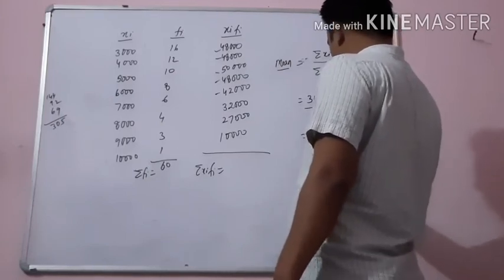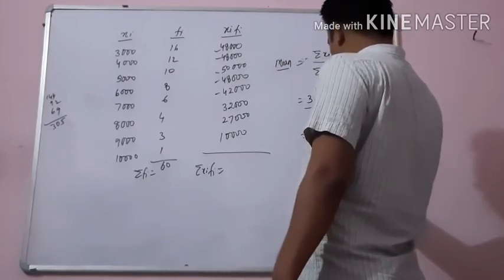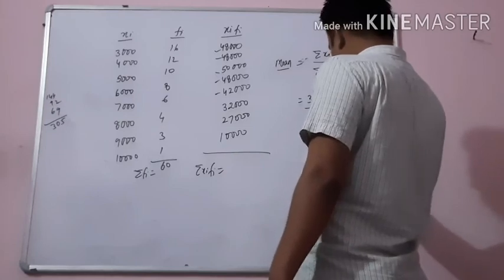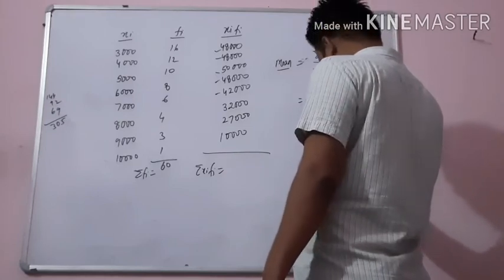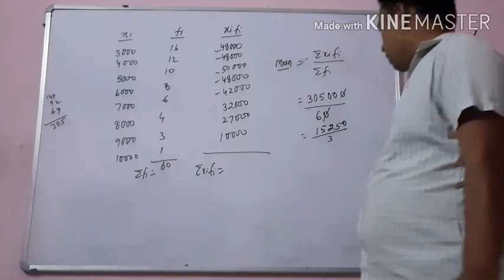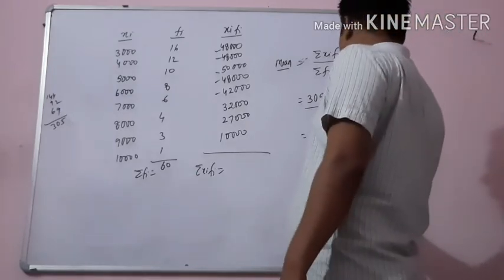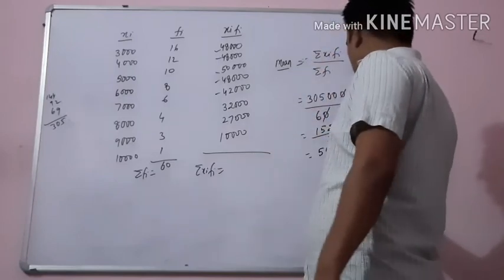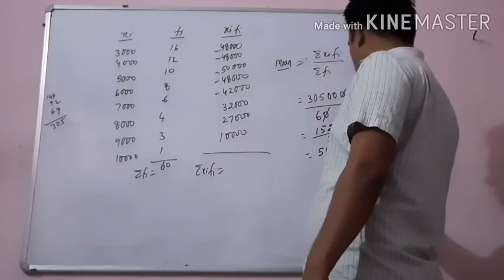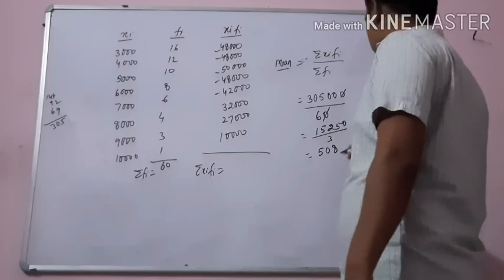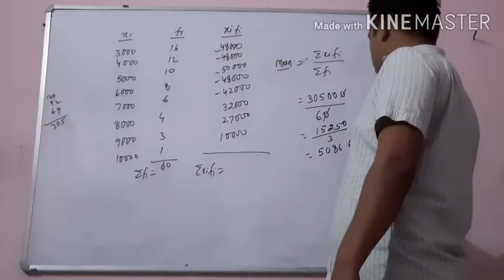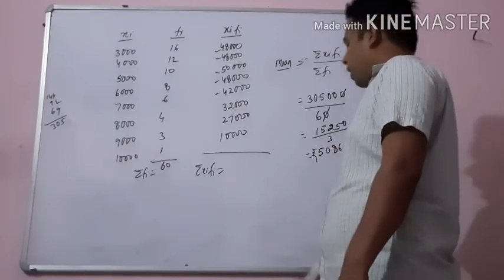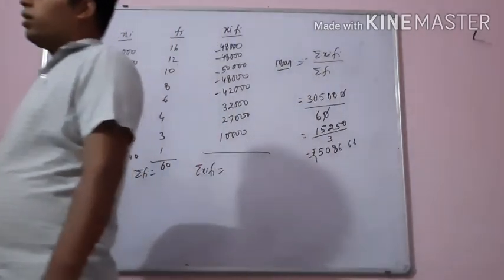Cancel out. What we will have? 15,250 upon 3, divided, that is 5,083 rupees will be the mean of the data.